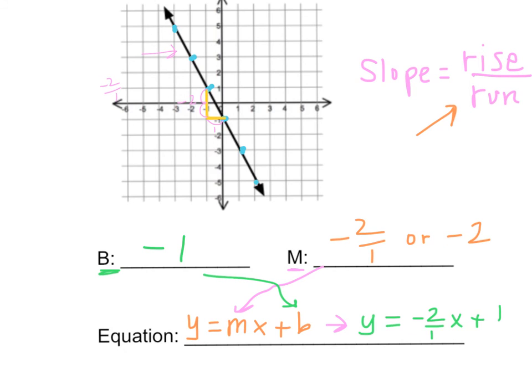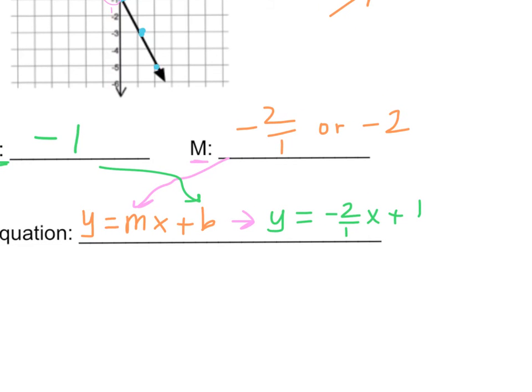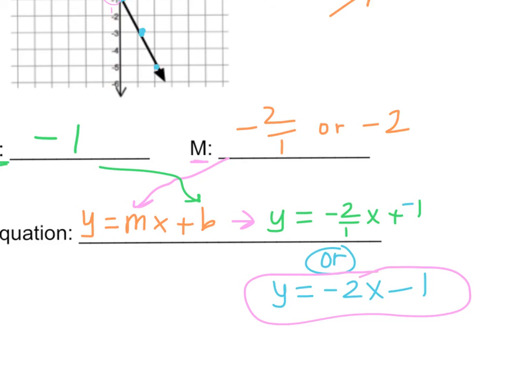So I could write it like that. Or if you wanted to write it more simplified, but also it's the same answer, y equals -2x minus 1. So this would be the most simplified answer right here.